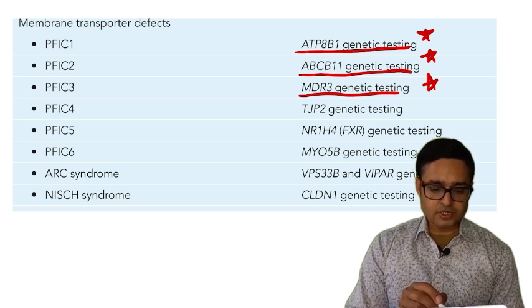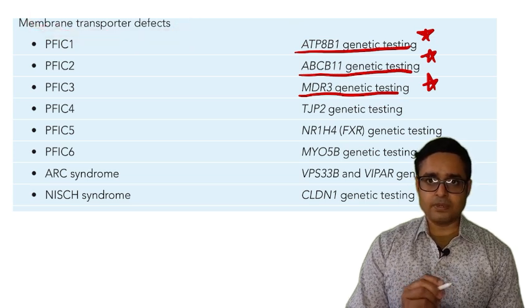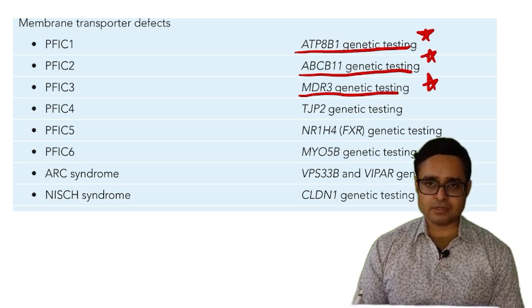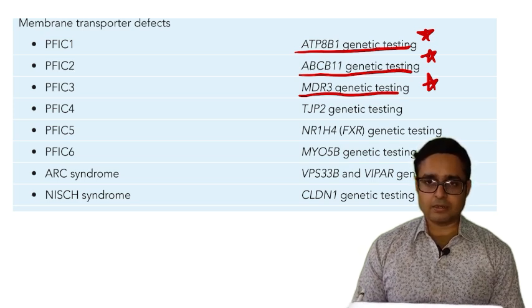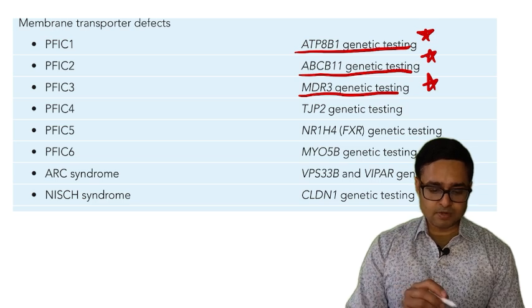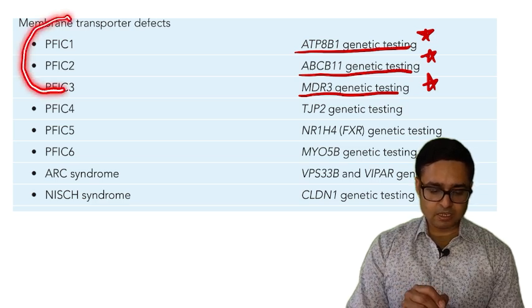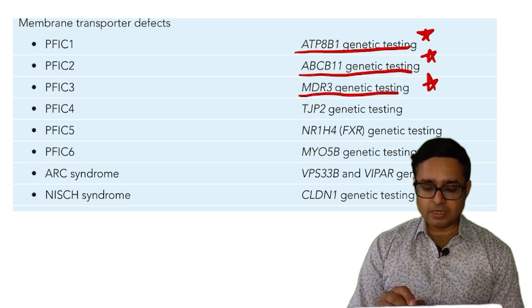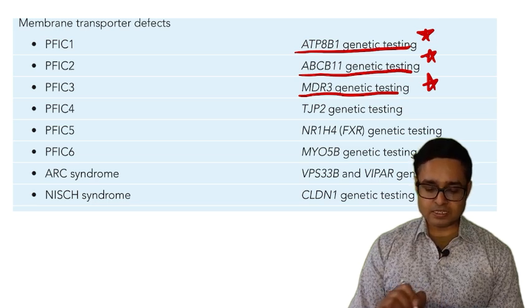Next, membrane transporter defect, PFIC, progressive familial intrahepatic cholestasis. Again, we will discuss this in detail in another video. But for this purpose, just remember three genes: PFIC1, PFIC2, PFIC3. ATP8B1 for PFIC1, ABCB11 for PFIC2, and MDR3 for PFIC3.